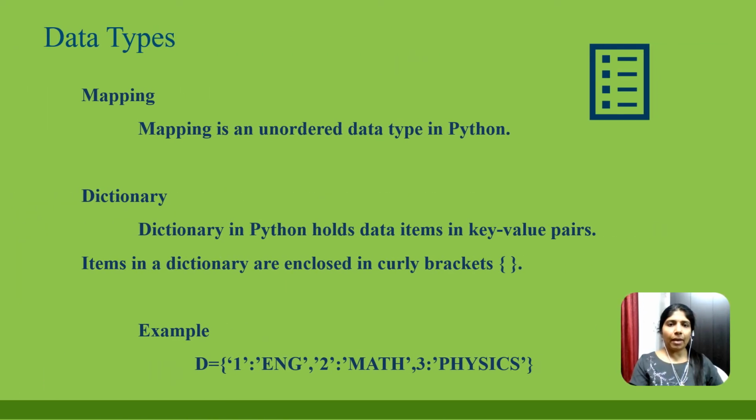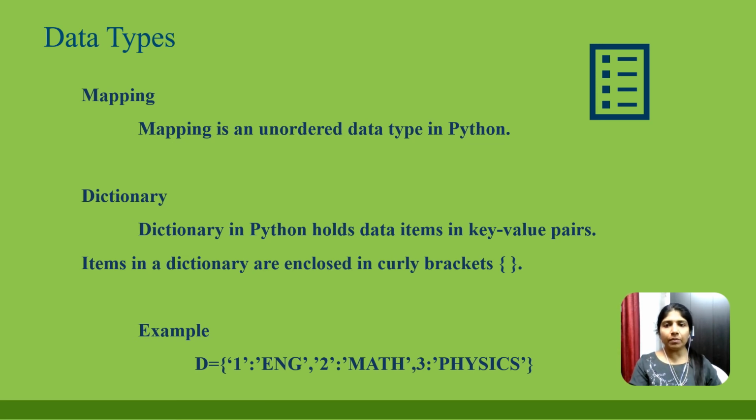Mapping. Mapping is an unordered data type, and under mapping we are learning dictionary. Dictionary stores data in key value pairs. When we learned about strings, lists and tuples, there was an index number associated with all the values inside them. Now in dictionary, index numbering is not there.